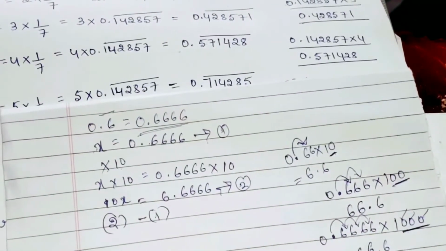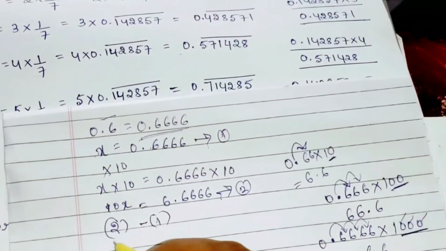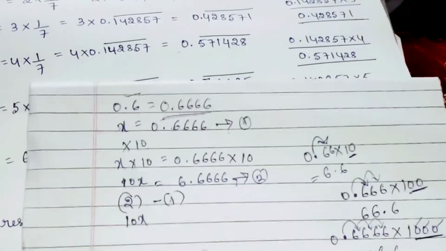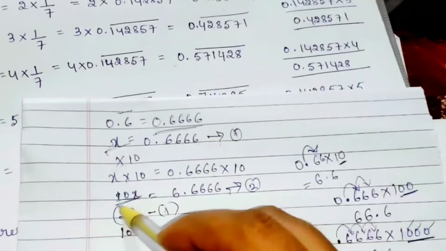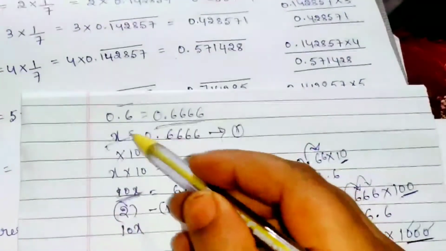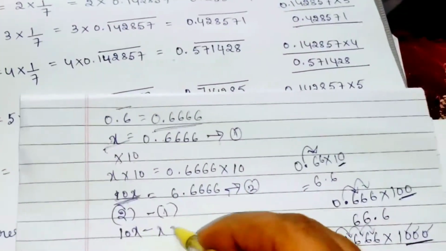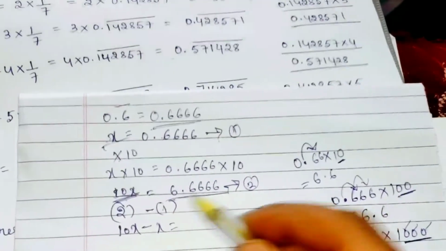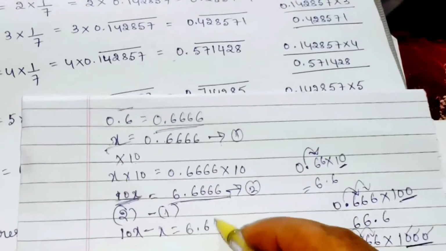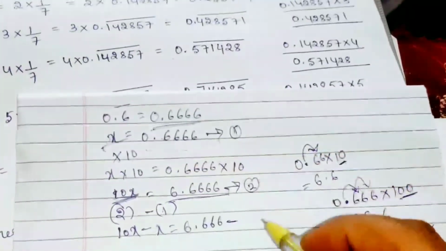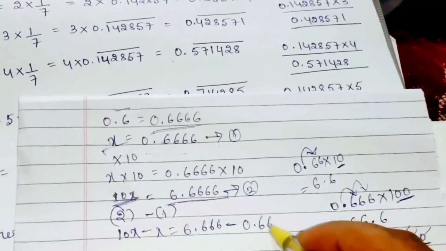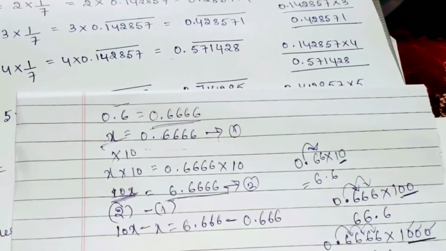Now what is equation 2? Equation 2 is 10x on the left hand side. That is 10x minus x. And what is the right hand side? That is 6.666 minus 0.666. Is it clear?